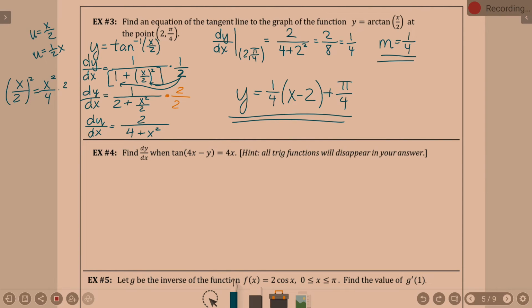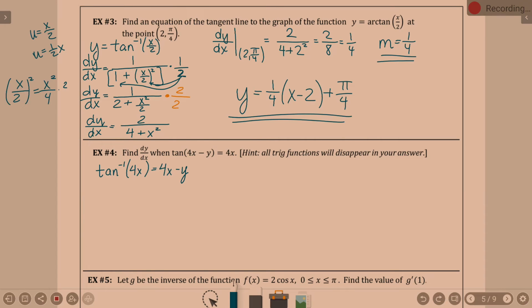What does the inverse of something do? It takes your input and your output and it switches them. So instead of writing tangent, I write tangent inverse of 4x, and that's going to be equal to 4x minus y. And that's what an inverse trig function will do.